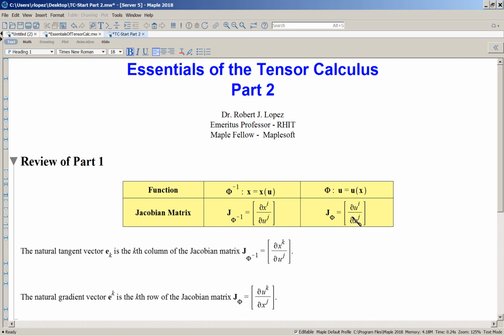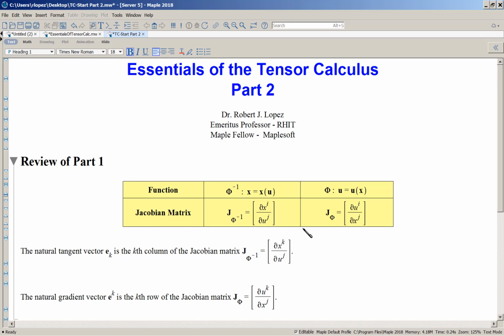The rows of this Jacobian matrix are gradient vectors. We call them natural gradient vectors because we don't normalize them. The notation for a tangent basis vector has a subscript, whereas for a gradient vector, we use a superscript.